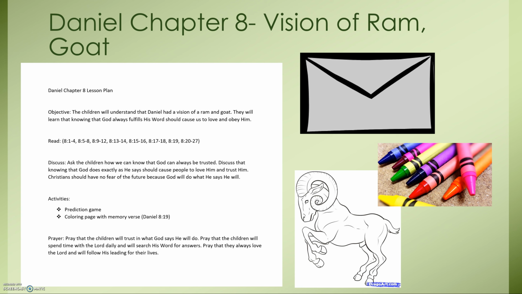And it's going to be very unlikely that anybody gets the exact sentence, word for word, and you can kind of have a discussion about how God gave Daniel that vision, but that doesn't mean that anybody can predict exactly what's going to happen. Only God knows the future. And then that's a good transition into the vision.